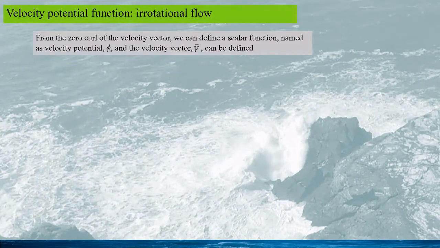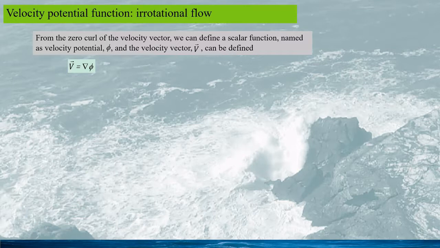For an irrotational flow, the zero curl of the velocity vector leads to a velocity potential function phi, and the fluid velocity vector of three independent components is transformed to a scalar function phi as this.